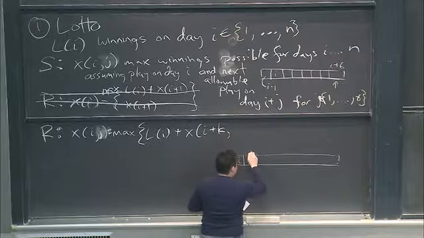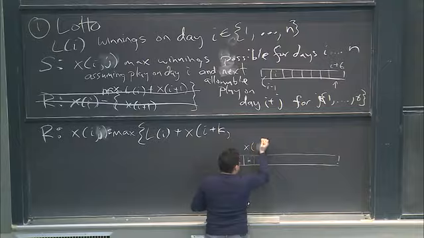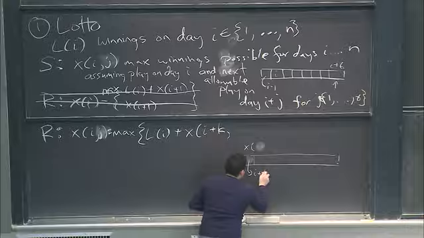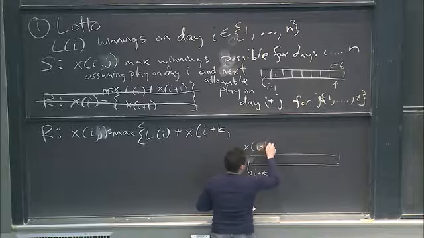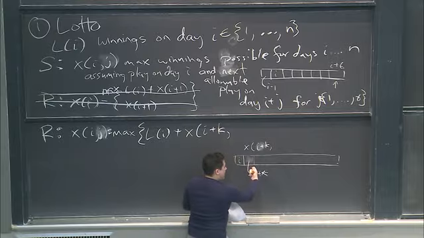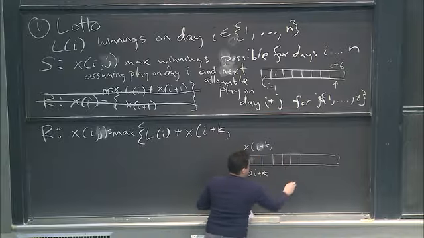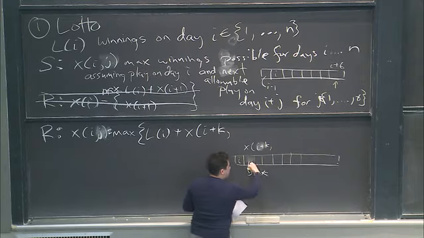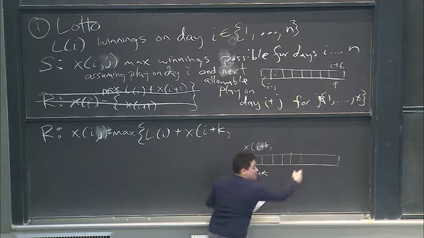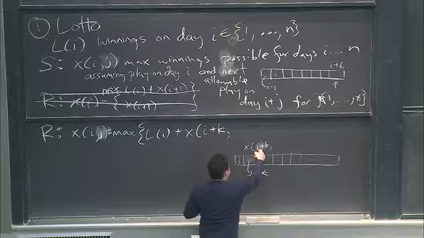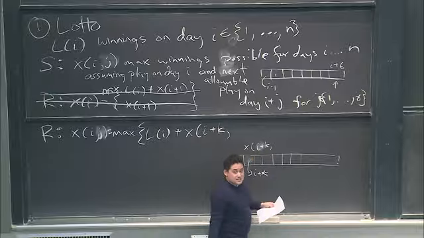So the subproblem I'm going to recurse on is, this is i plus k. I'm going to recurse on i plus k, but j needs to be the max it can be, right? Because I can't play until i plus 6, right? So this i plus k plus 6 is going to be my thing.